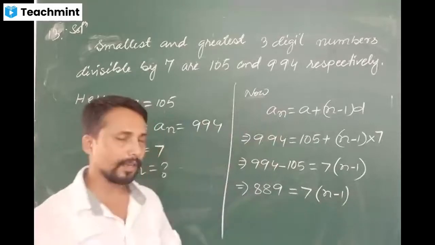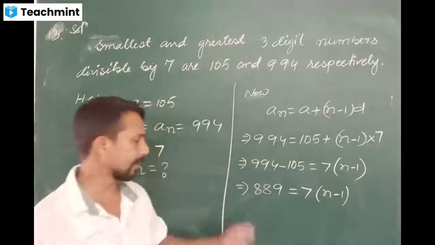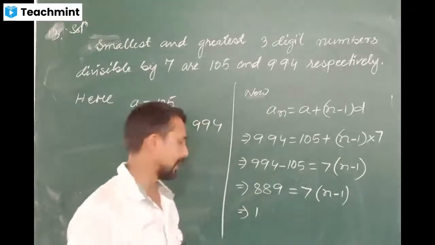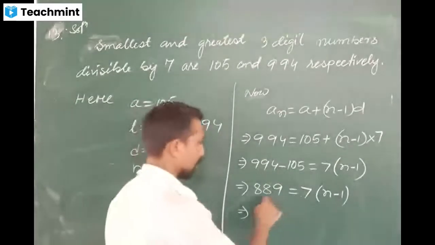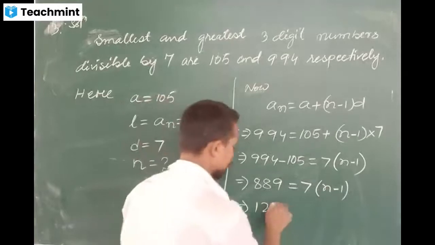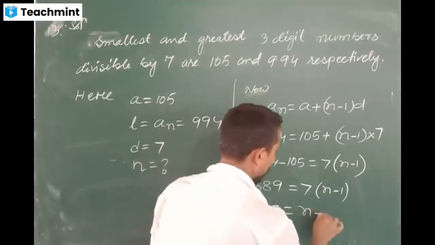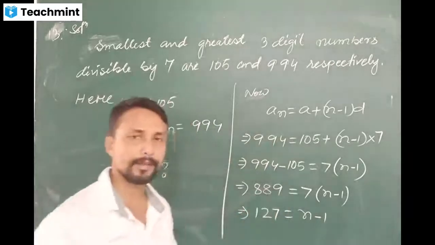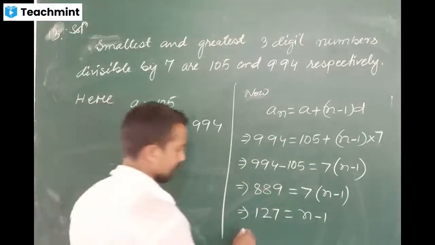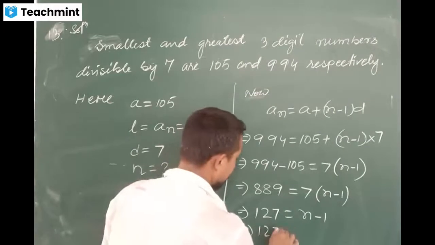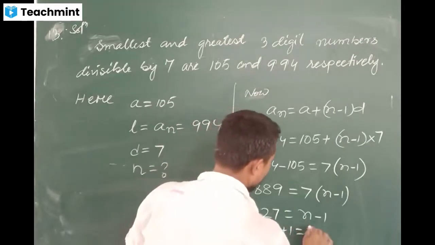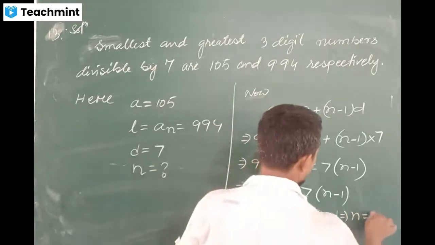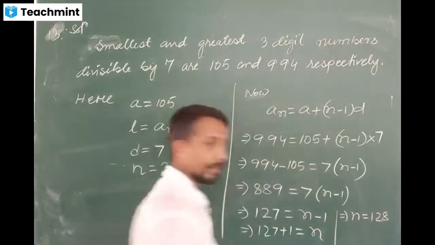We can divide 889 by 7: 7 times 1 is 7, 18, 2 times 7 is 14, 49, giving 127. So 127 equals n minus 1. Cancelling both sides by 7, 127 plus 1 equals n. This means n equals 128.